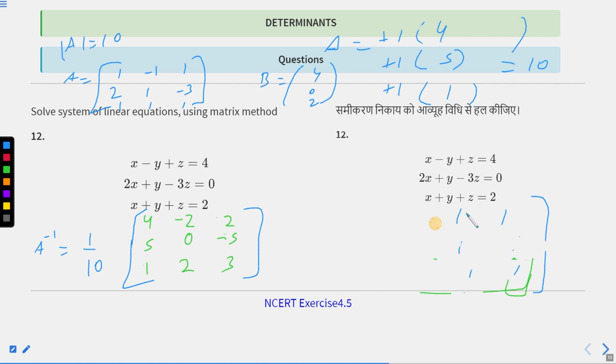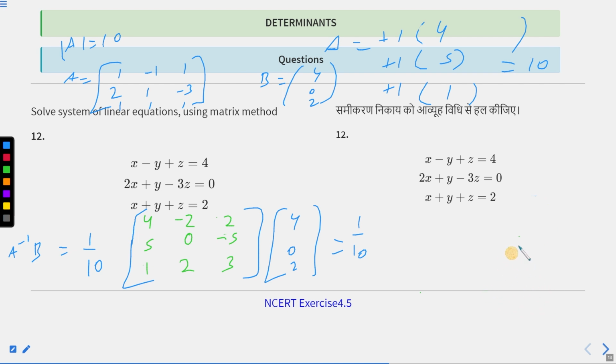Okay, your A inverse. Now, because this is my A inverse, I want A inverse B, where B is 4 0 2. So I am going to just multiply. Okay, so 4 times 4, 16 plus 0 plus 4 means 20.